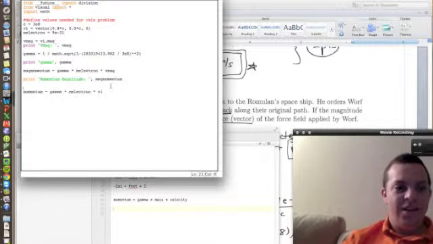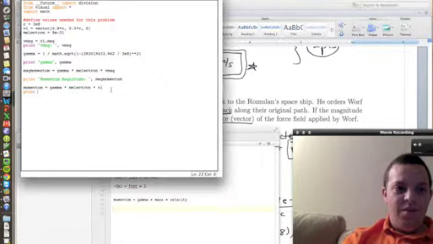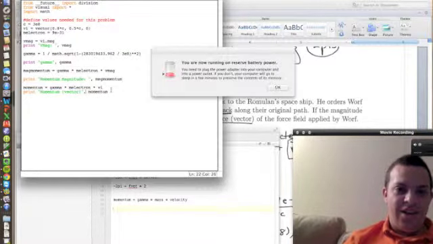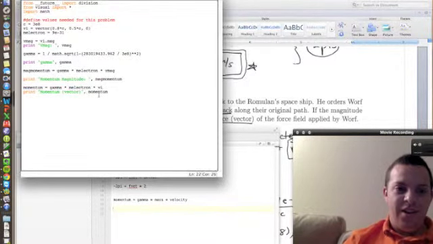Using this, I should be able to print out the momentum vector. Let me add a space real quick so we can see it better.